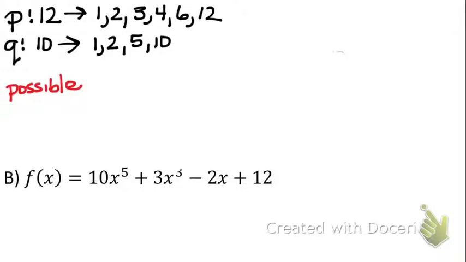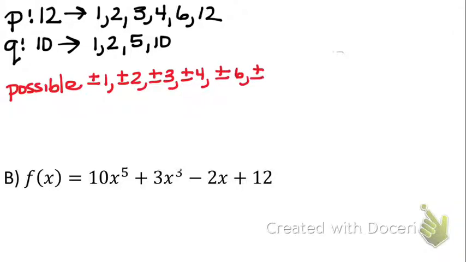So the first one, it could be positive or negative, so it'll be plus or minus 1. So I'm just taking all 6 of these numbers and dividing them by 1. So plus and minus 1, plus and minus 2, plus and minus 3, plus minus 4, plus minus 6, and plus minus 12.